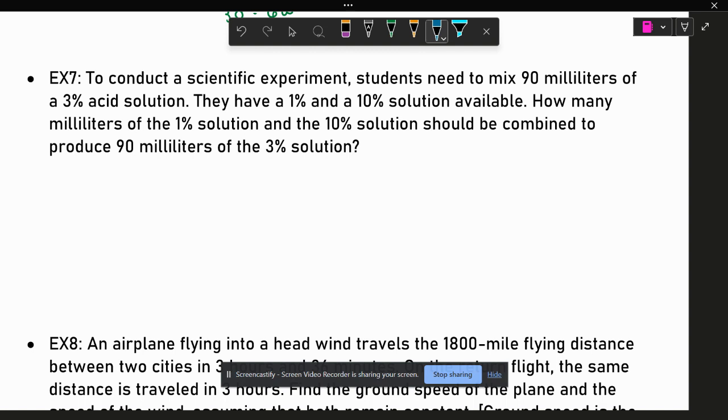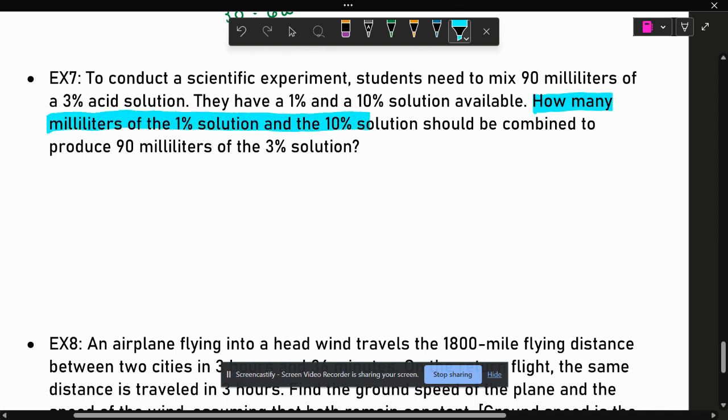Let's first kind of think about what we need or what they're asking us to find. Usually the key word is how many, how much. So how many milliliters of a 1%, or it even says find, a 1% solution and a 10% solution. So I'm going to let X equal my 1% amount needed.